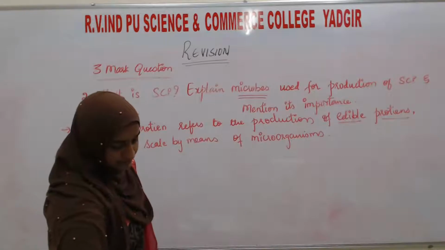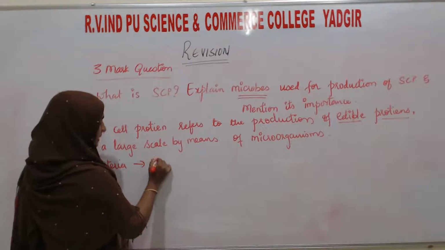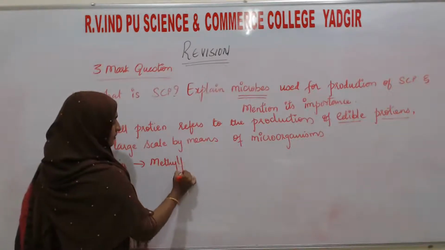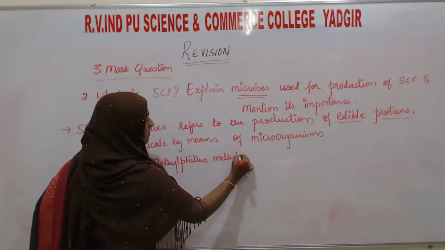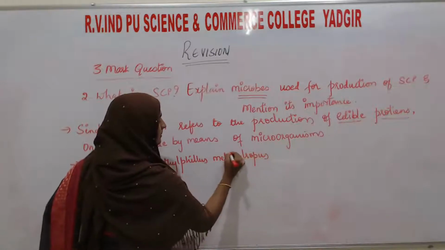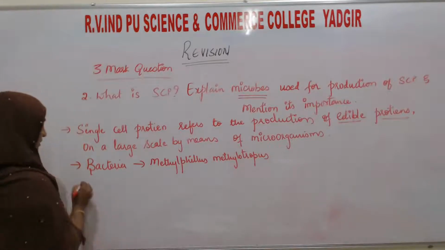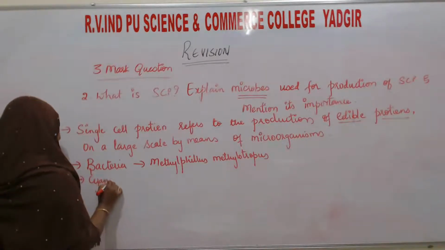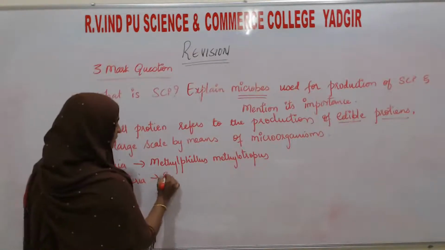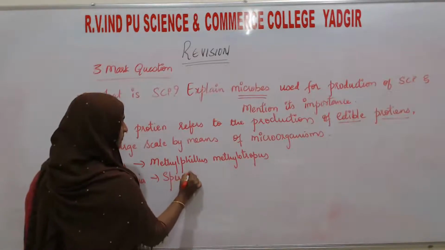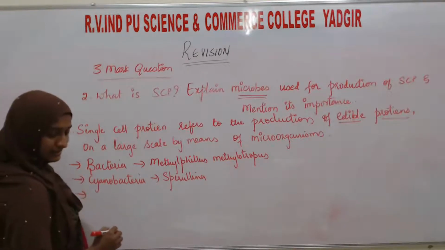In that bacteria, Methylophilus methylotrophus. This is one microorganism. Second one, cyanobacteria. What is the example of cyanobacteria? Spirulina. Okay, the next, that is yeast.